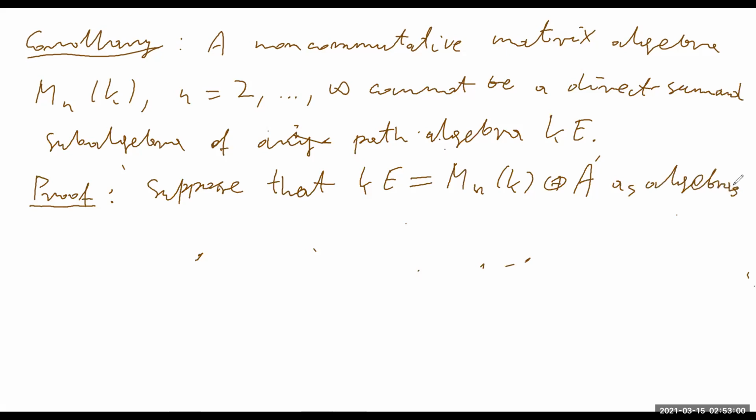And when I say as algebras, it means that the multiplication on the right-hand side is component-wise. In particular, M_n(K) times A is equal to 0. Then, if A is equal to 0, we have a contradiction by our corollary.